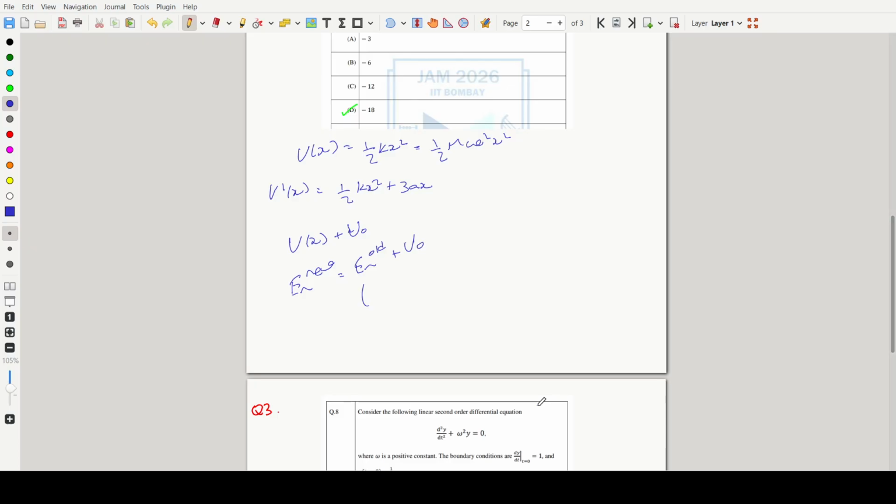The old one is obviously n plus half h bar omega, plus u naught. We're going to do something similar here. So we will extract the constant term from the modified potential. And how do we do that? We complete the square.